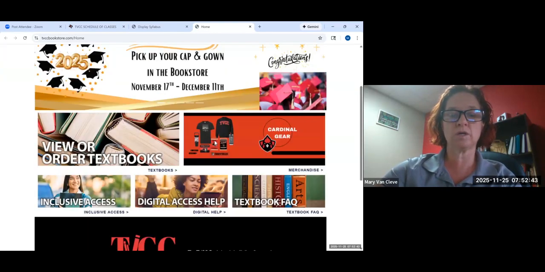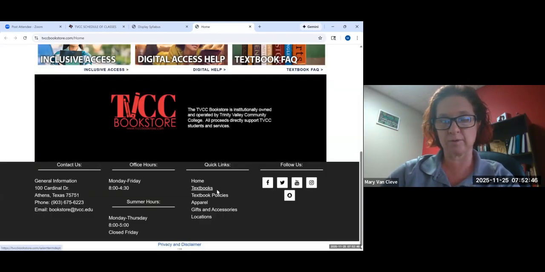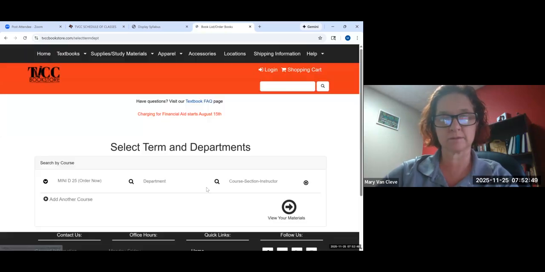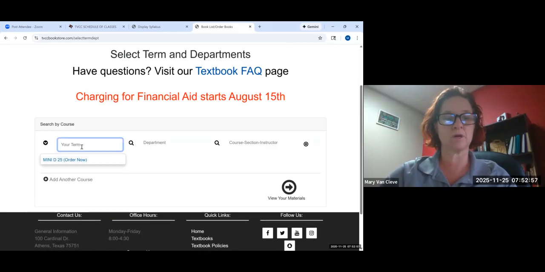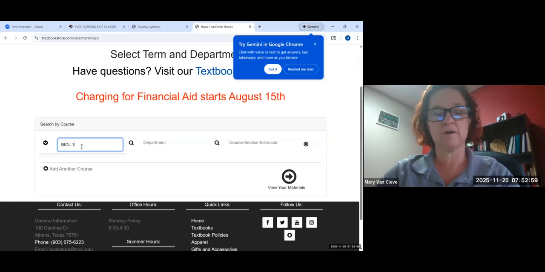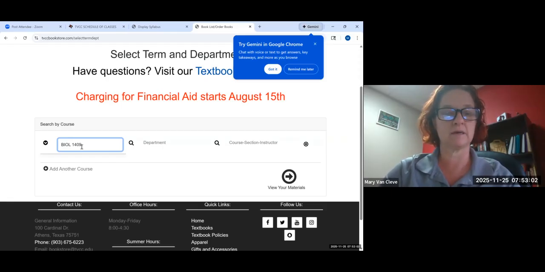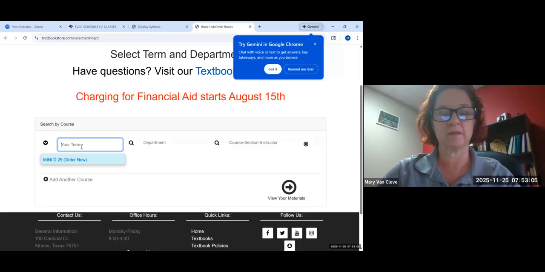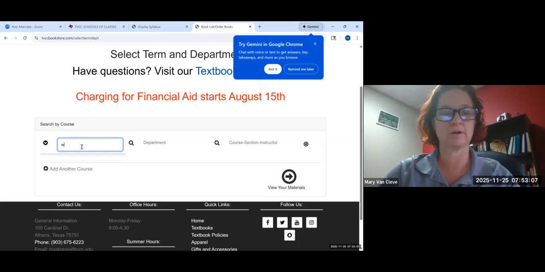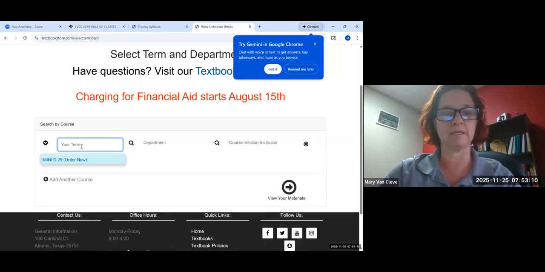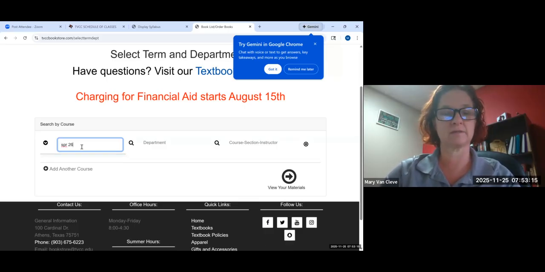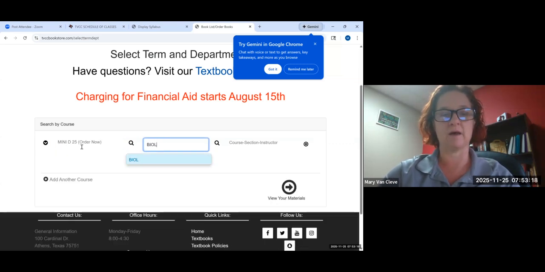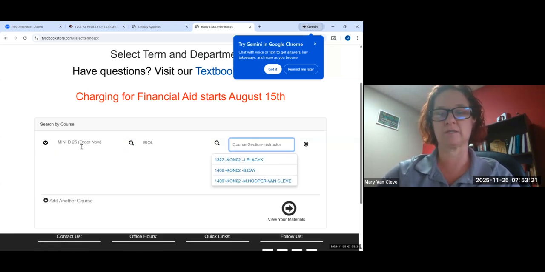This is the bookstore. You should be able to go through and list textbooks and then search by course. So you can go through your course, your term. So this would be Biology 1409. Your term, hold on. Winter, let's just do the spring. It's the same. So let's go spring 26, department, biology, course section, and instructor.